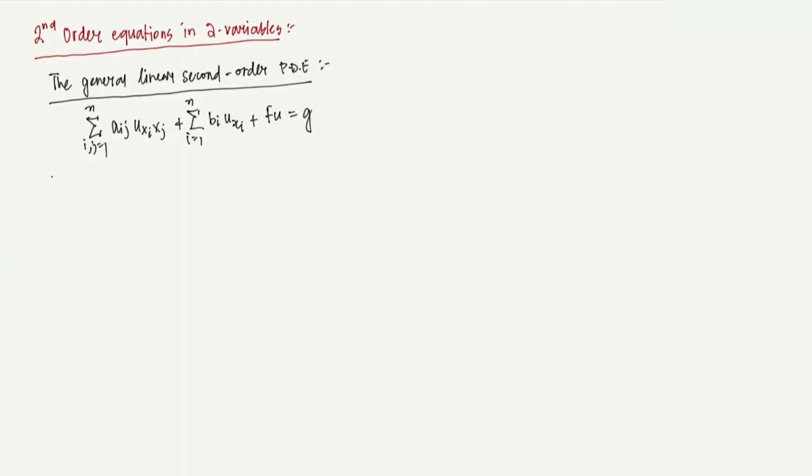Now here there are some assumptions. The a_ij is basically a matrix you can think of, and this matrix is a symmetric matrix, that is a_ij equals a_ji. This is what we are going to assume. We are also going to assume that a_ij, b_i, f, g, for all i, j, are real valued smooth functions.